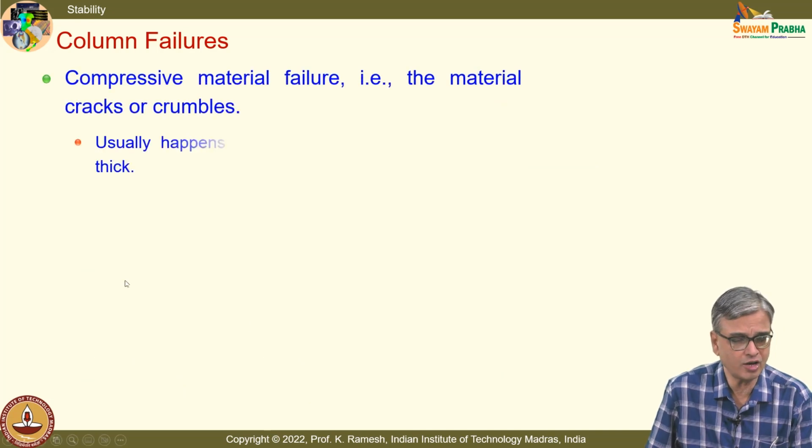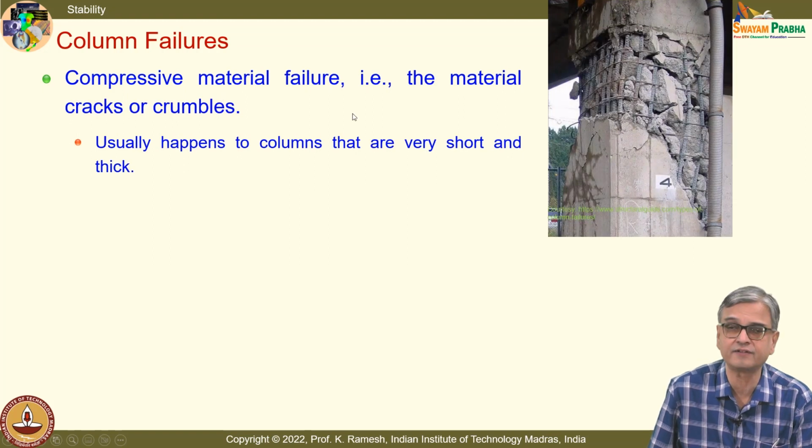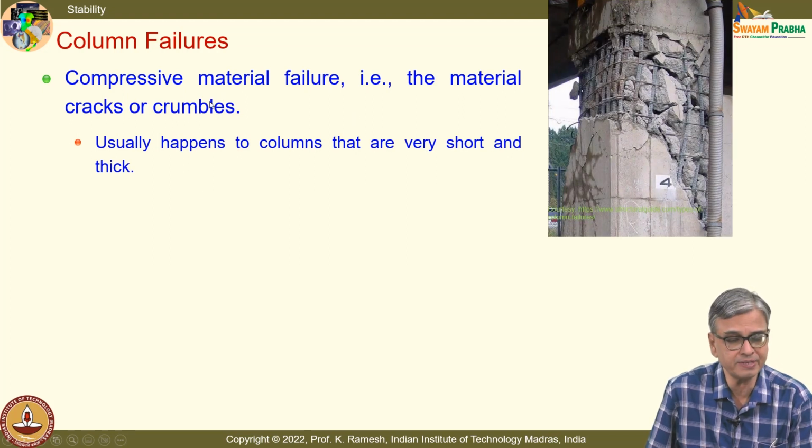And once you say column failures, one of the things you can think of is material failure. You have a compressive material failure when you have a column which has a big cross section. When you see the next set of slides, you will see that those columns are thinner compared to this.